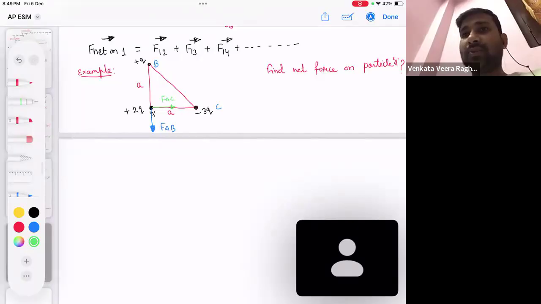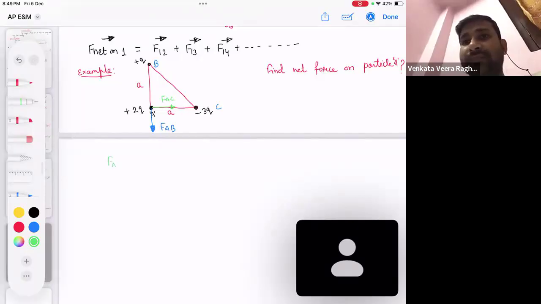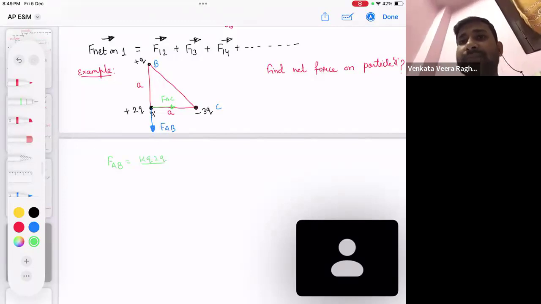Now tell me what the values are. Force on A due to B is K, Q, 2Q by a square, right? And force on A due to C is equal to K, 2Q, 3Q by a square?